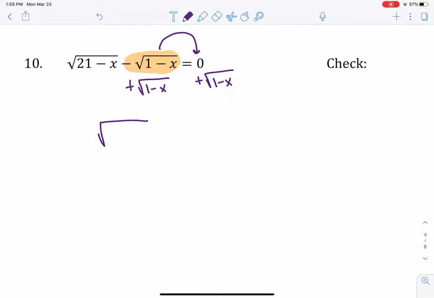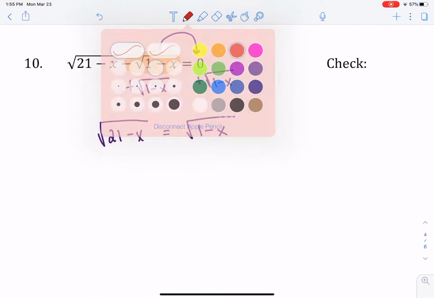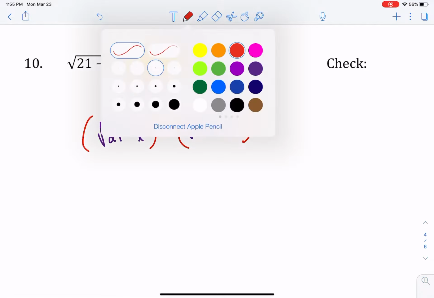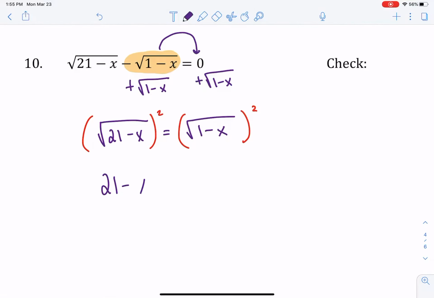So we have the square root of 21 minus x is equal to the square root of 1 minus x. Now we can square both sides. So 21 minus x is equal to 1 minus x. All right, so now we're ready to solve for x. So we want to get our x's on the left side and our numbers on the right side.